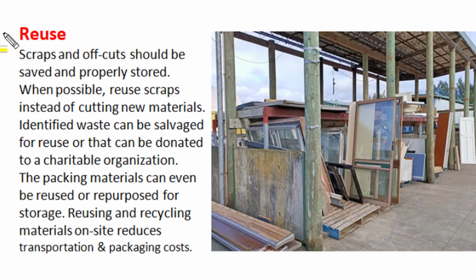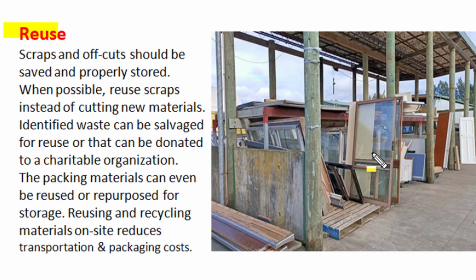With reduce, reuse is another step of waste management. In construction and demolition activities, all scraps and offcuts should be saved and properly stored. When possible, we can use scrap or offcuts instead of purchasing new material, and such identified waste can be sold to other buyers for reuse, or donated to a charitable organization to get tax benefits.